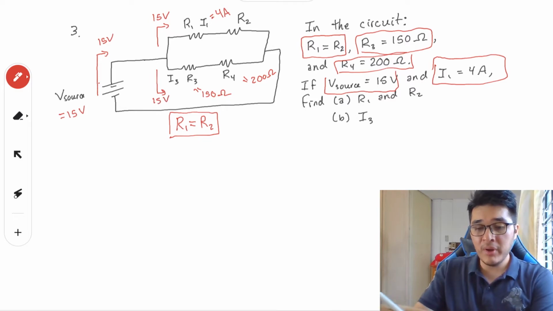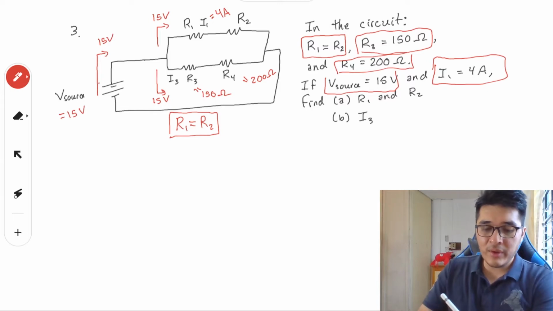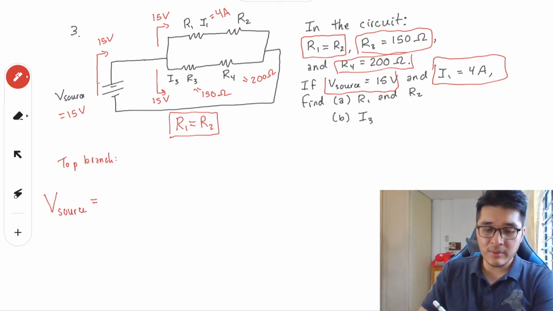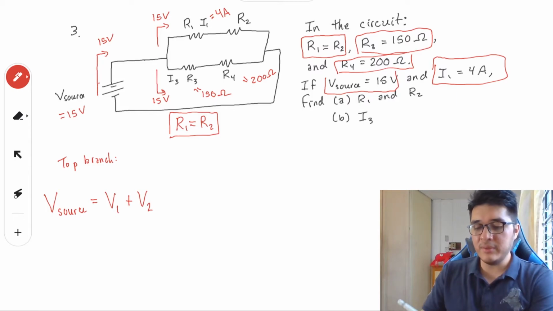And while it is in that branch, it comes across two resistors. So we can think of this from the top branch. All the voltage gain at the source has to be equal to all the voltage drop in the top branch, which is going to be V1 plus V2. The bottom branch makes another series circuit. So the voltage that's gained at the source is going to be the voltage dropped at V3 plus V4.